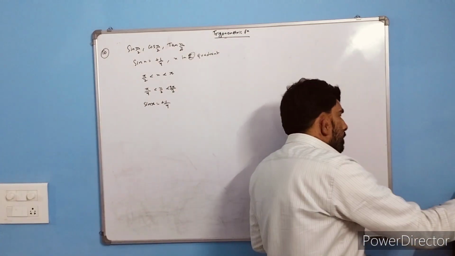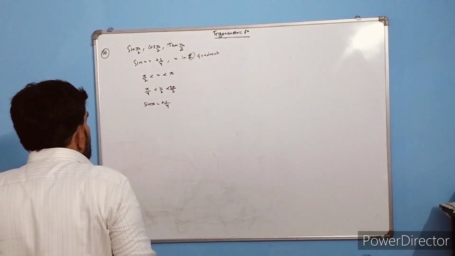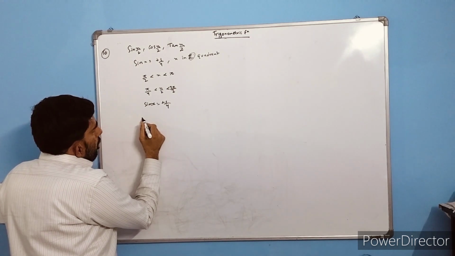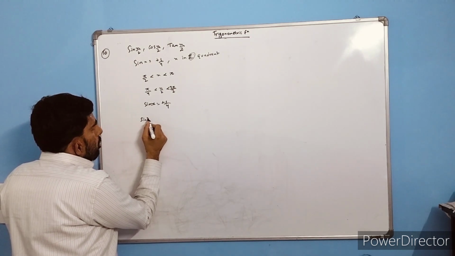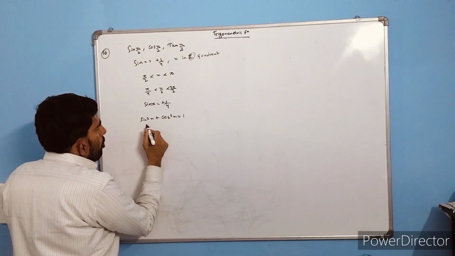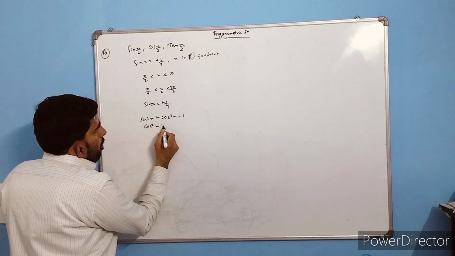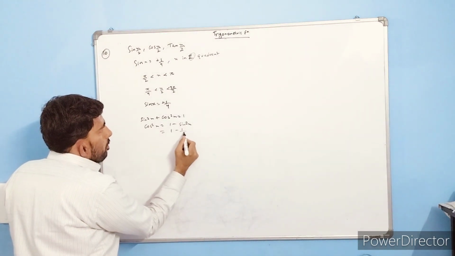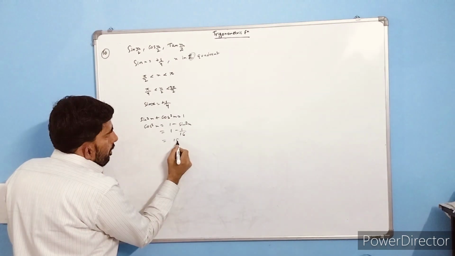Now we have sine x, so we can easily find the value of cos x. Sine square x plus cos square x is equal to 1. So cos square x will be 1 minus sine square x, that is 1 minus 1 upon 16, which is 15 upon 16.